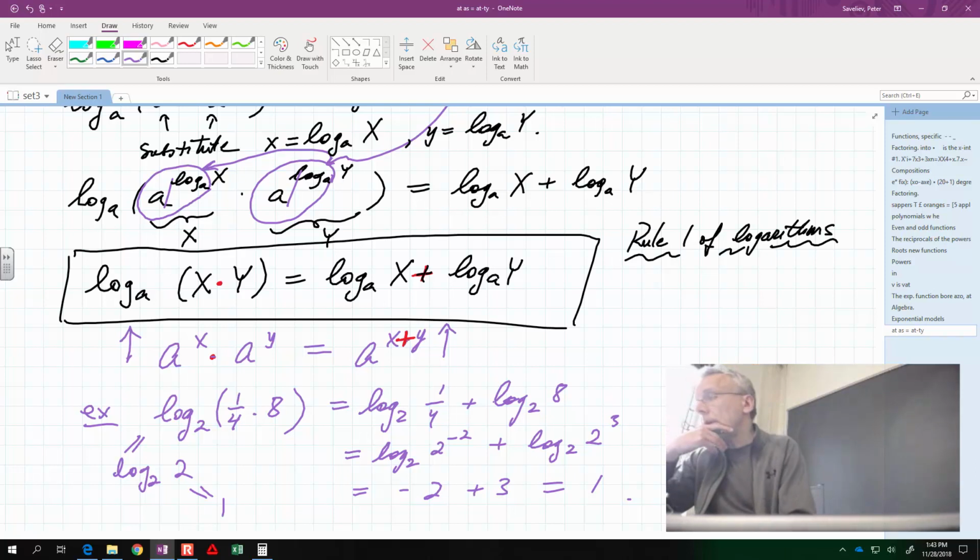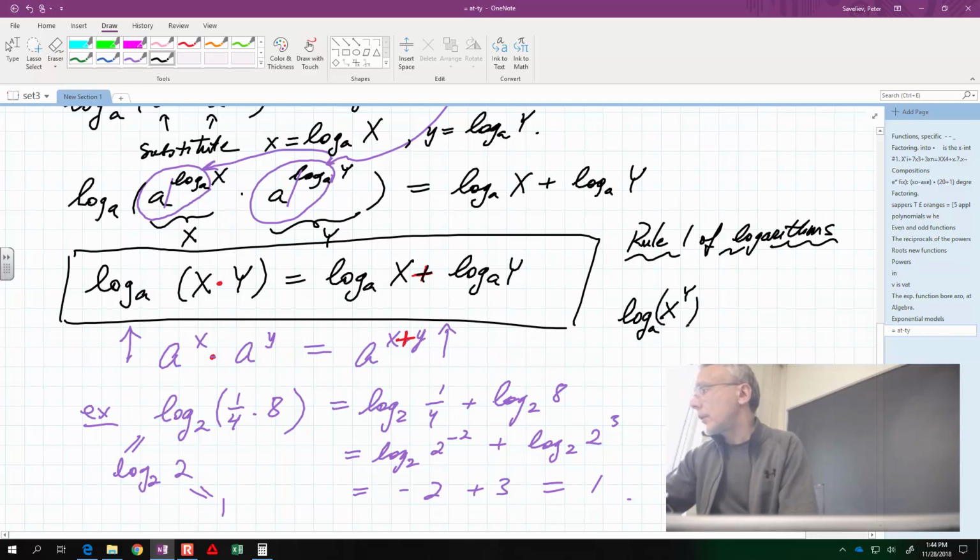But really, there will be 2 more properties, and let me write the second one here. Log base a of x^y is equal to y times log base a of x.